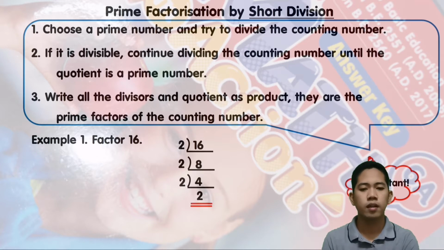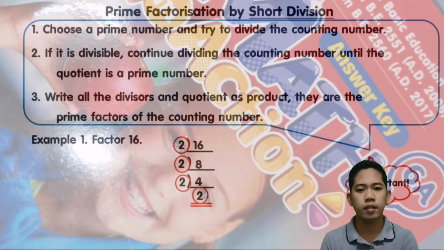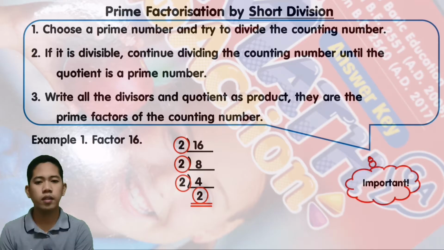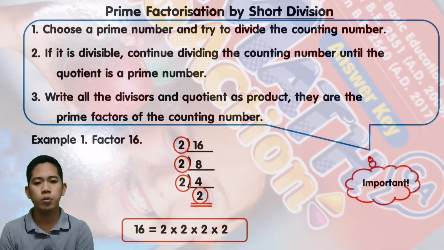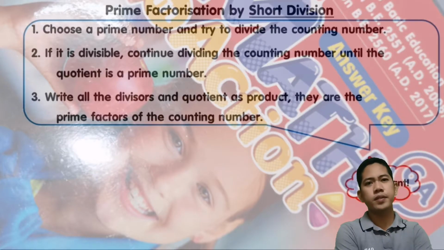Yes, it is. So, that means we have to stop dividing and we have to write all these divisors and quotient as product because they are the prime factors of 16. 16 is 2 times 2 times 2 times 2. Are you following, students?